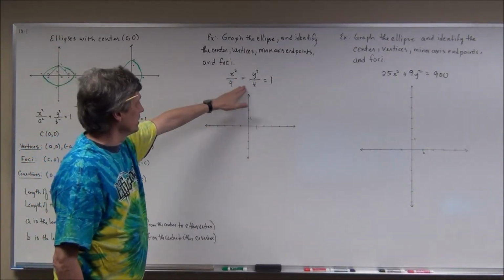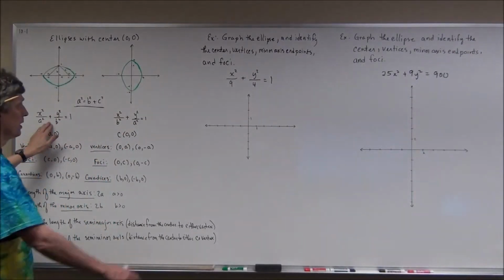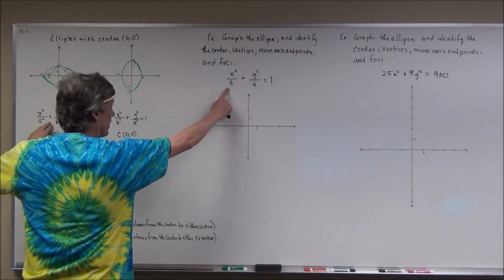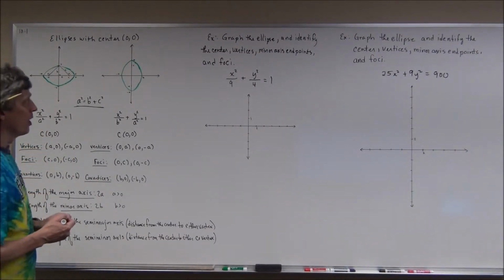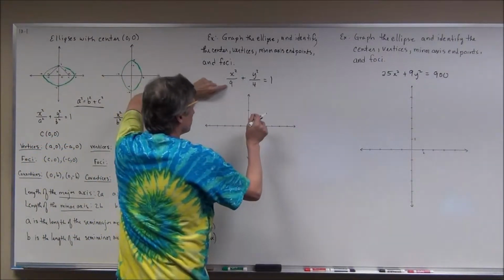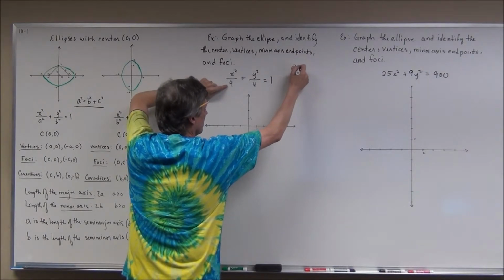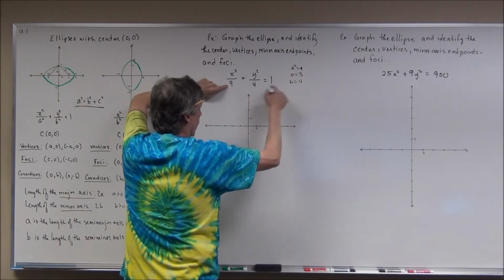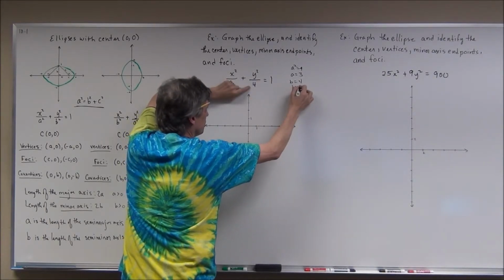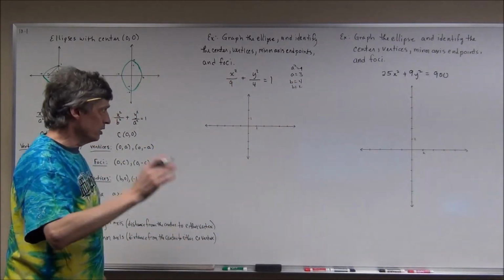As you can see, this fits this form right here because the bigger number is underneath the x squared. So it's going to have center 0, 0, and so on. A squared is 9, a positive number, so a must be 3. B squared is 4, so B must be 2. So here's how I graph this.